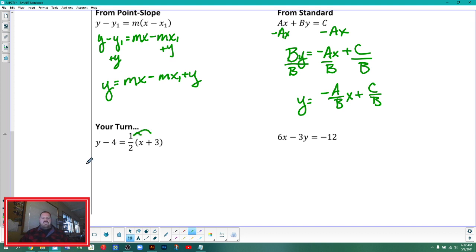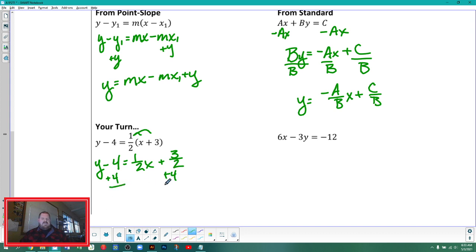So I'm going to take a start on this one, and we're going to look at y minus 4 equals 1/2 x plus 3/2. And then when I add 4 to both sides, I'm going to be adding 4 to the 3/2. This is that negative mx1 plus y.